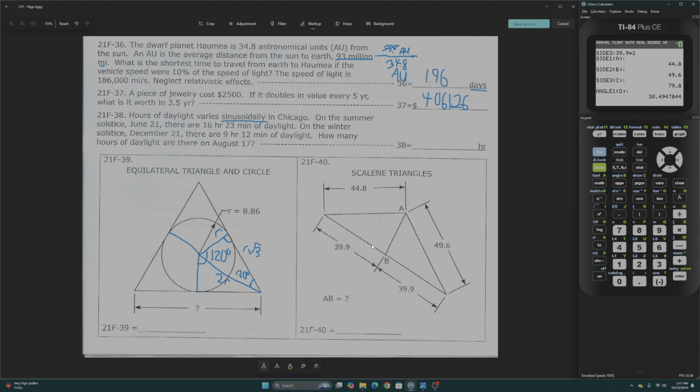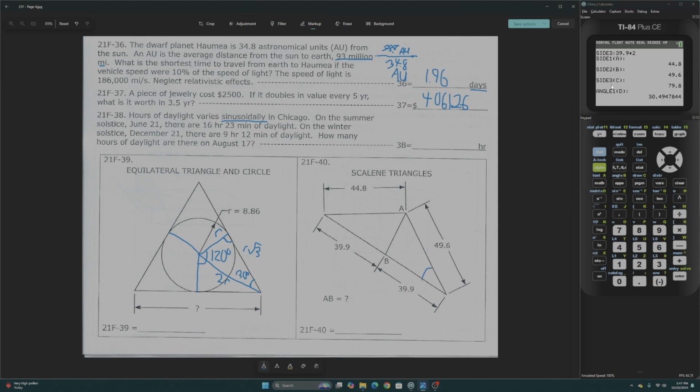So what we're doing, right? We're going to run this program 2 times. We have to find an angle because we're asked what AB is. Well, if we figure out this angle right here, for example, which is 30.494, then we could figure out what the side length is by using side angle side.